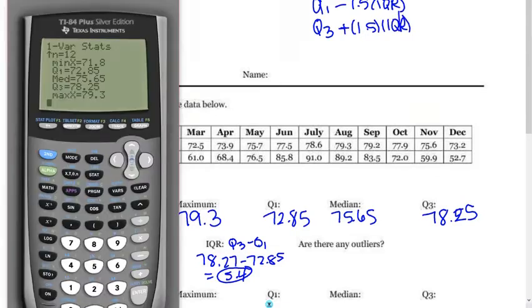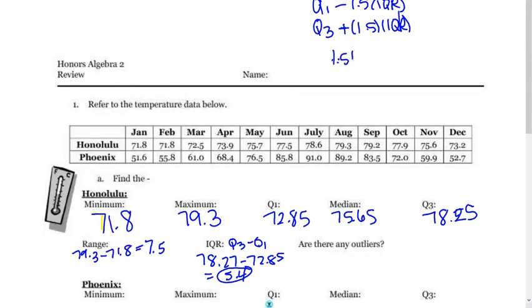So 5.4 is my IQR. So what I'm going to do now is I'm just going to take 5.4 times 1.5 to get my 1.5 IQR, which is 8.1. And so now I need to take the Q1. Q1 is 72.85 and subtract 8.1. And when you do that, you get 64.75.